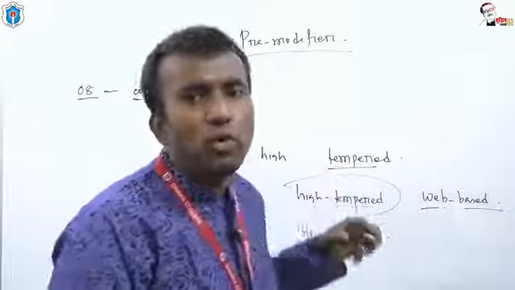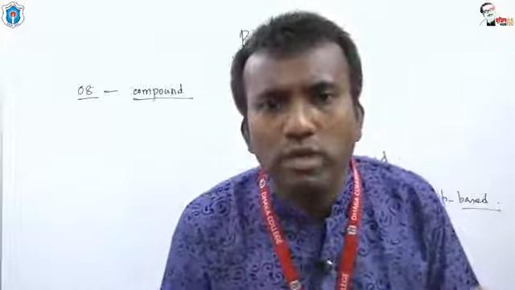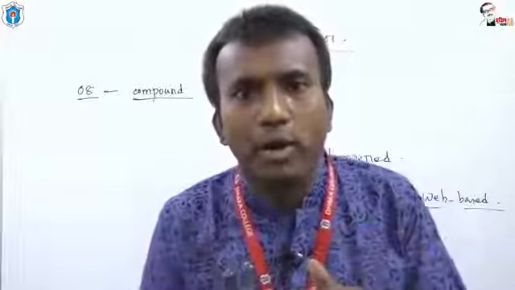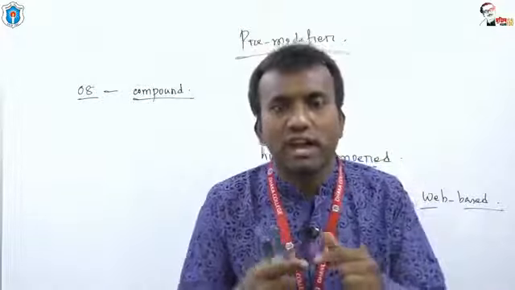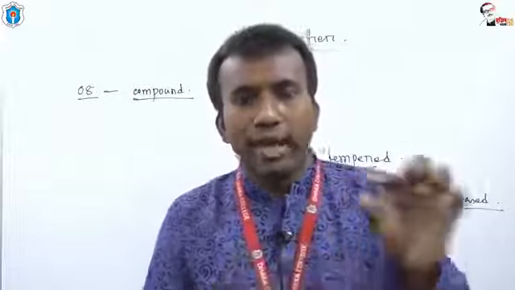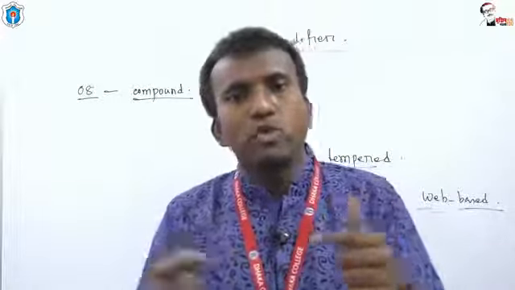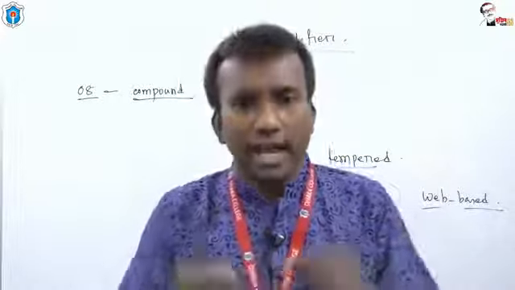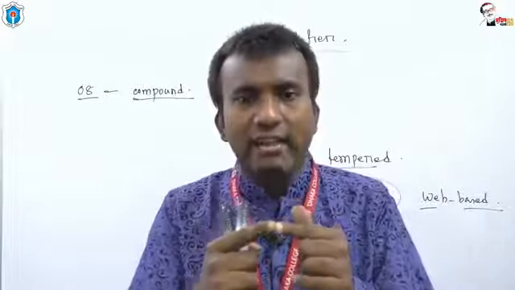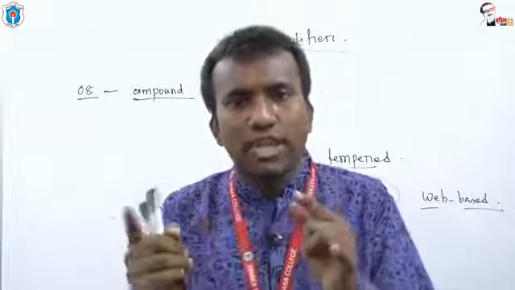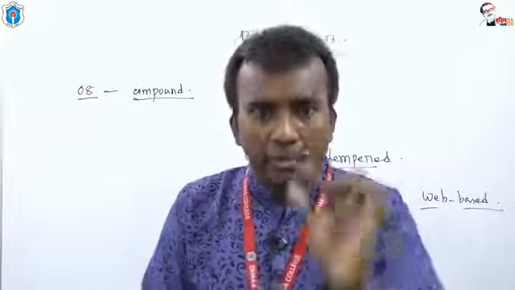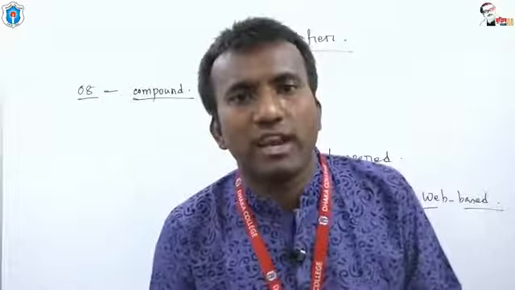Okay, and how can we construct compound? How can we create compound? We have to put hyphen in between two words or among three or four words, and if we can connect two or more than two words with the help of hyphen, a compound word is created.